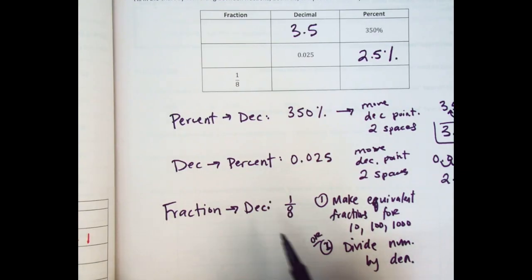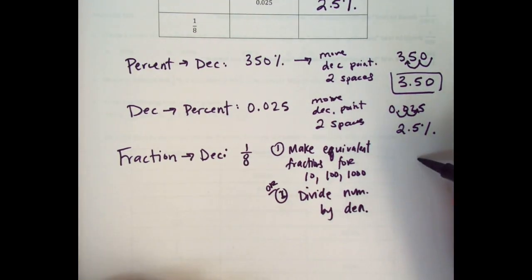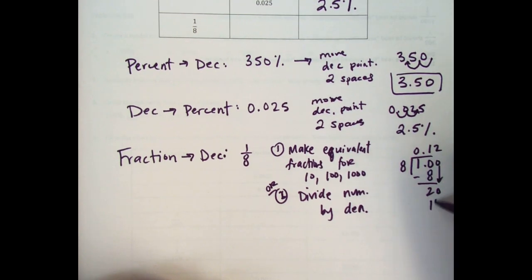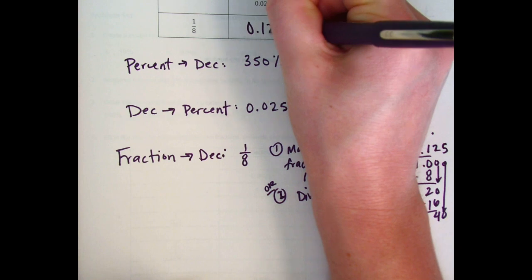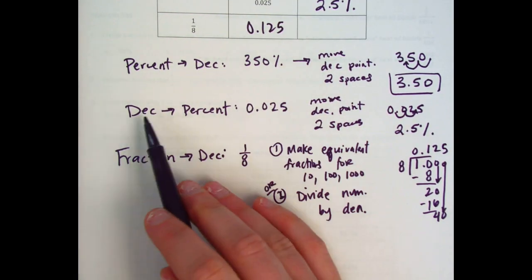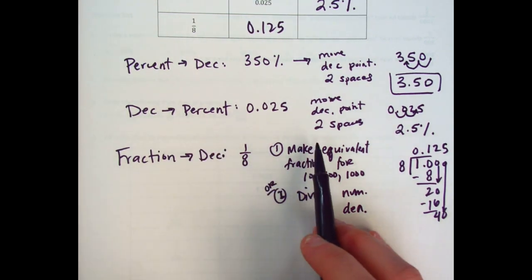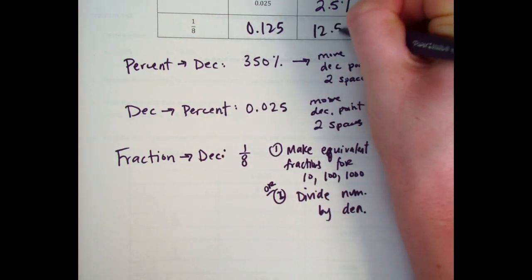Since I don't have an easy way of getting 8 to be 10, 100, or 1,000, I'm going to divide. So 1 divided by 8, 8 goes into 10 once, 16, and I get 0.125. Okay, and then I have another decimal, so decimal to percent. I'm moving the decimal 2 places, 1, 2, and I get 12.5%.